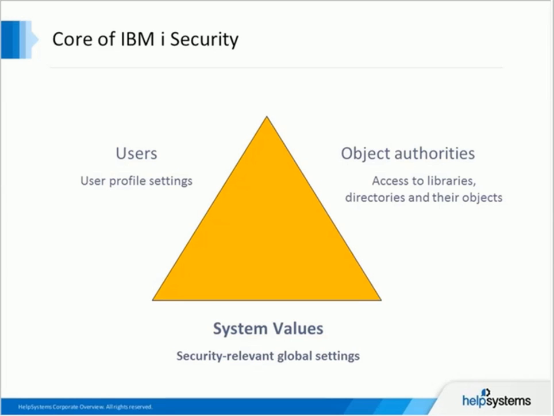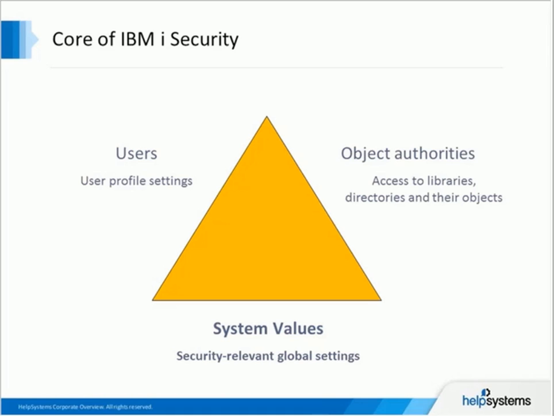When we look at IBM iSecurity, the way that I like to describe it is that it's a bit like a 3-legged stool. If all of those legs are the same length, then everything is in balance.